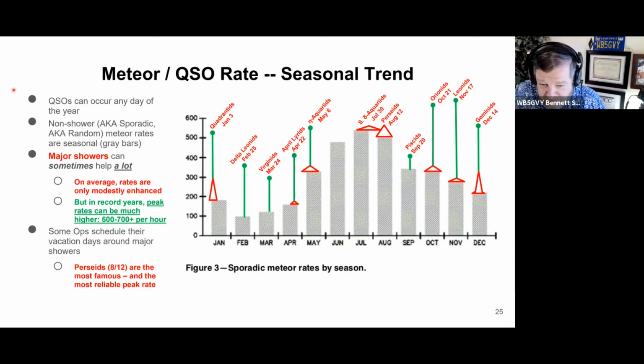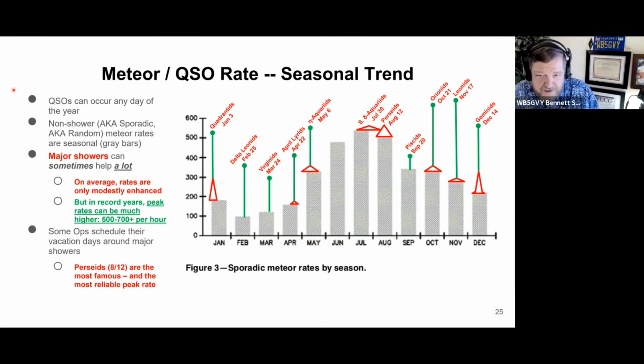So you can see right away that, for example, in February there's not that much sporadic meteor activity compared to July. July and August, independent of meteor showers, have the peak of the random meteors, and then otherwise it varies throughout the year as shown by the gray bars.